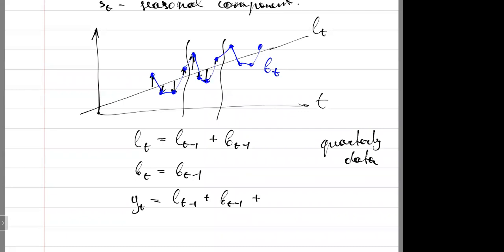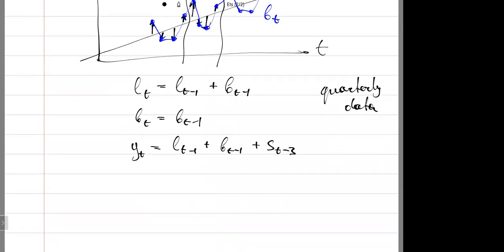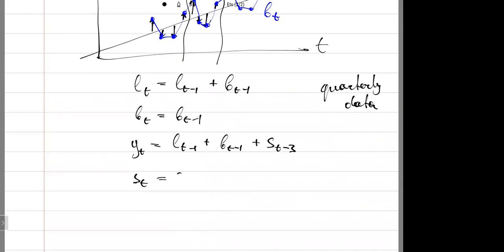So we add S_t here, or maybe S_{t-3}. And S_t is just S_{t-4}. Sorry, 4. We have 4 seasons. Okay.